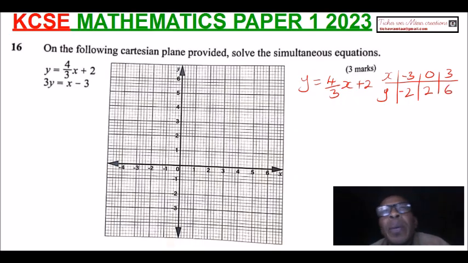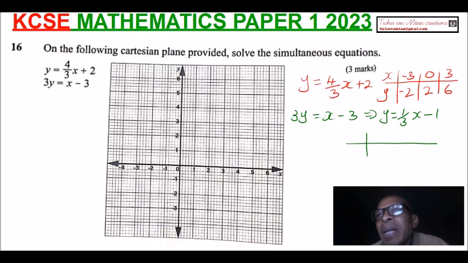We do the same to the other equation. We can write 3y = x - 3, which we can write by dividing throughout by 3: y = 1/3 x - 1.